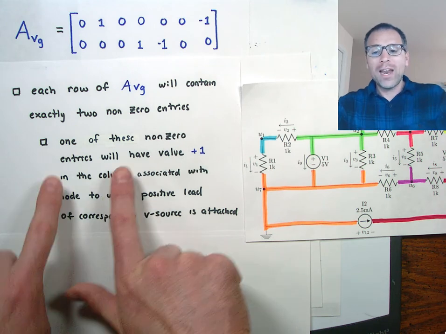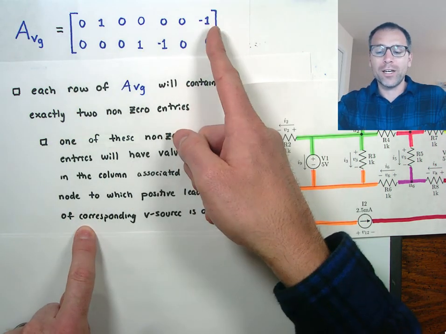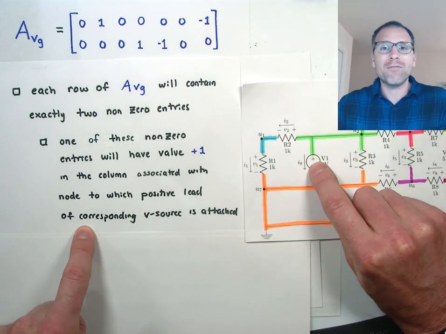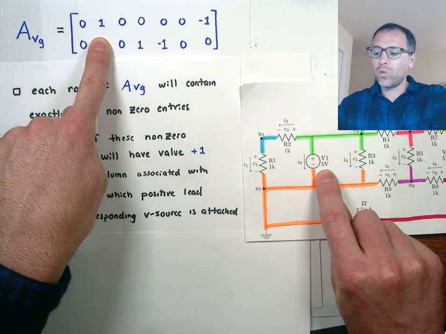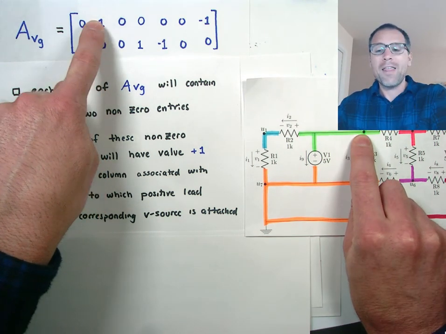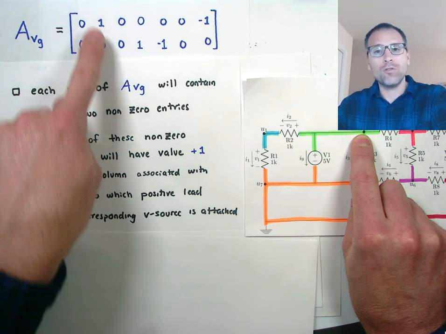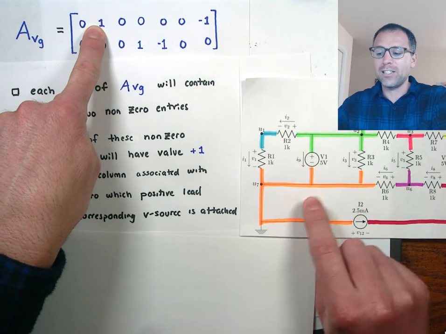The value that has a positive 1 corresponds with a column of the matrix, which is mapped back to a node to which the positive lead of my voltage source is connected. Check that out. The positive lead of voltage source 1 is connected to node 2. That positive 1 value is in column 2 of my matrix. The negative lead of voltage source 1 is connected to node 7.